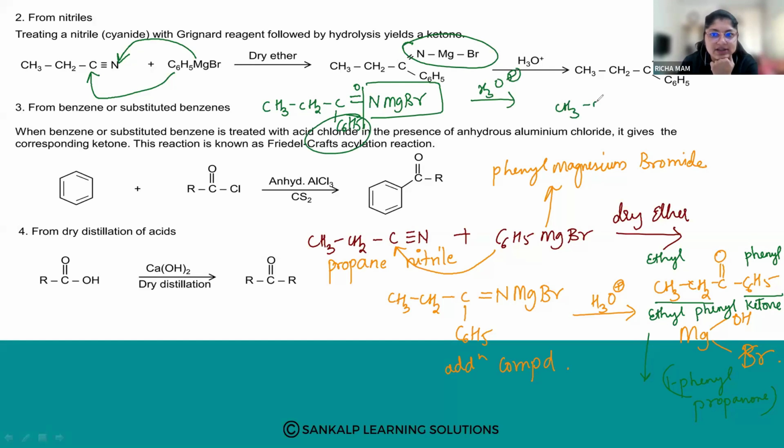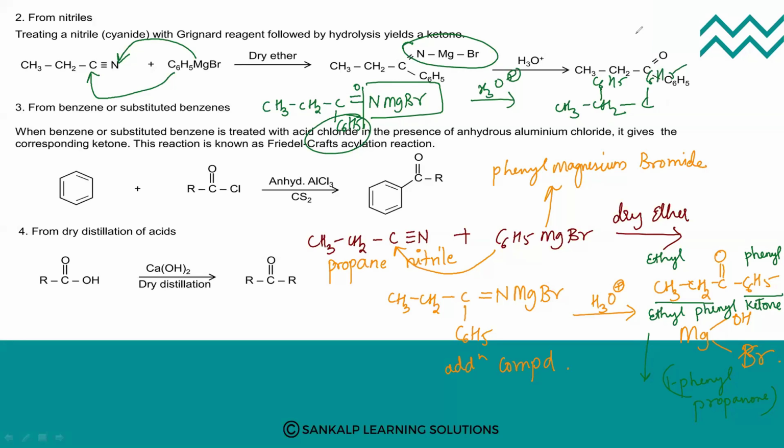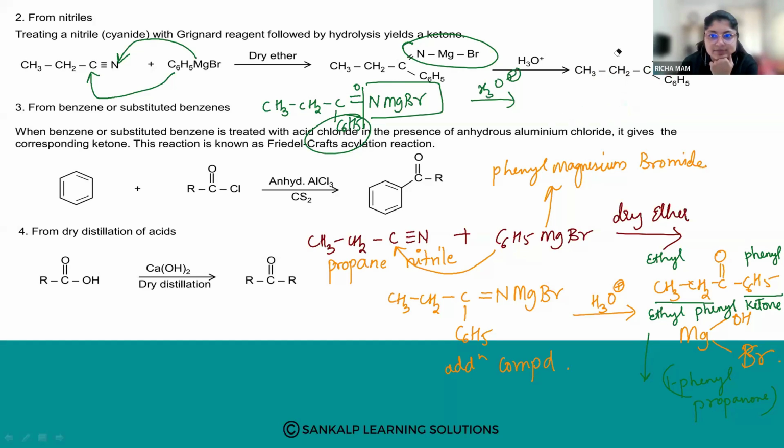So it will be CH3CH2, C, C6H5, and C double bond O. So this is our ketone, and MgBrOH is the side product which is obtained when you are reacting with the Grignard reagent.